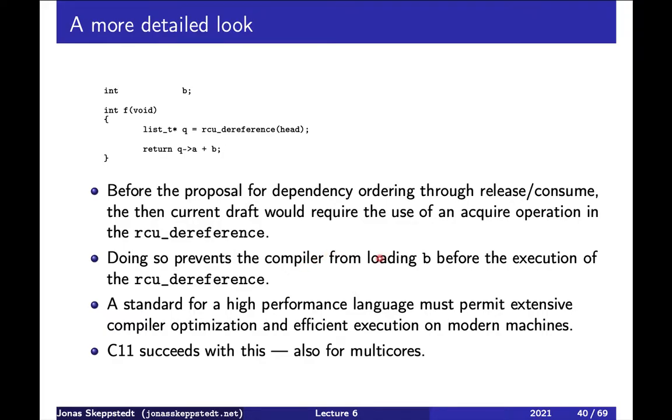And if we want to translate the Linux kernel to use standard C, or in a similar situation, it would be prevented from reading this global variable before the acquire here. But if we, as we will see very soon, would use something called memory order consume, then the compiler will be allowed to read B before the consume.